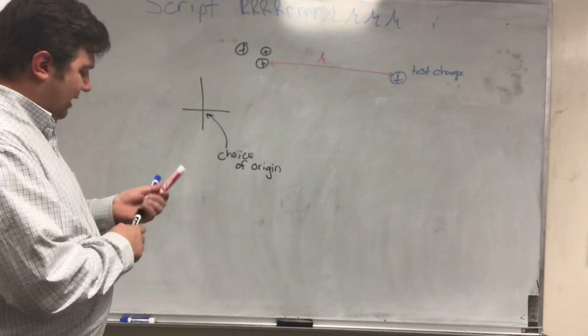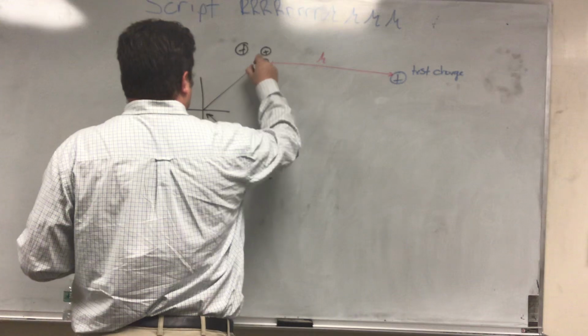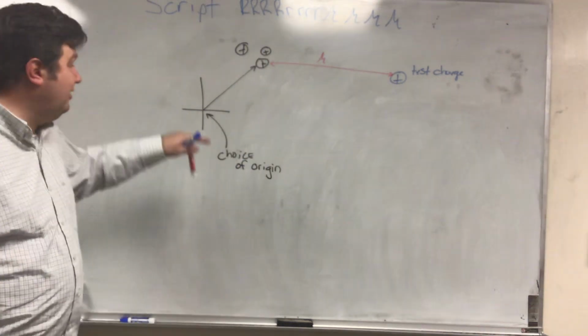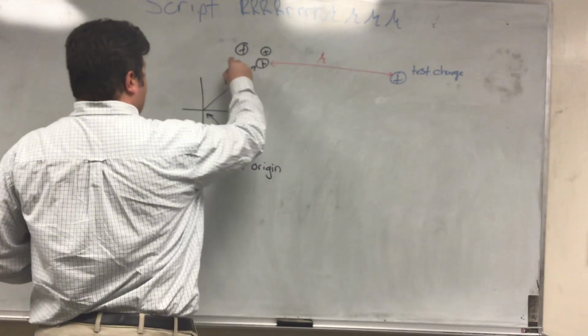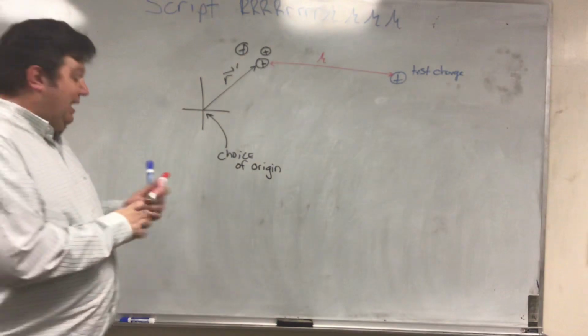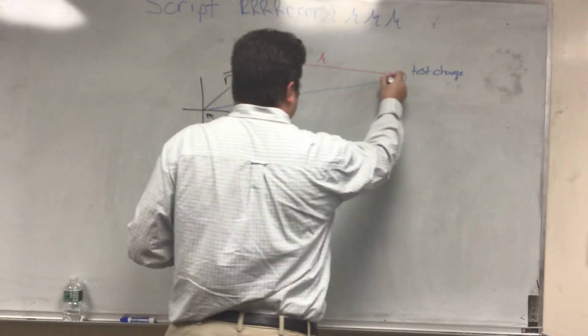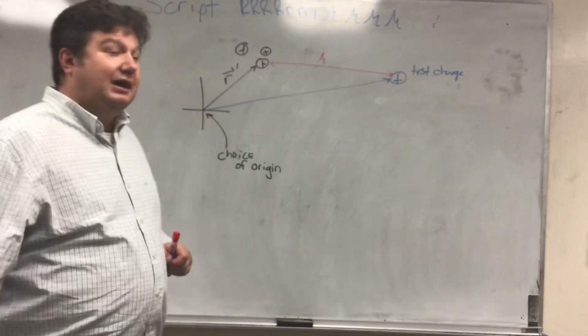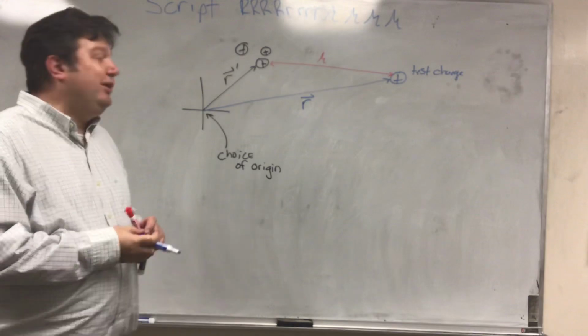So I might have two separate vectors. I have the distance from the origin to this point. I'm going to call it R prime, right? And then I have the distance from the origin to this point. I'm going to call it R, right? And we know what R is, right?